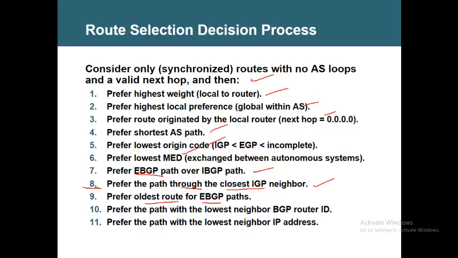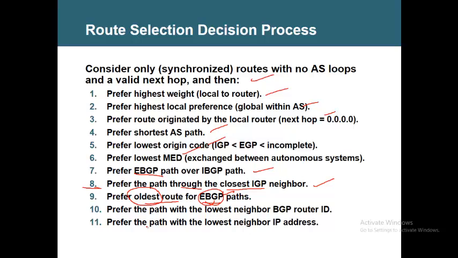It means that both are not IBGP, which means both are EBGP. If both the neighbors are EBGP, it prefers the EBGP which advertised the route first. Not forming the neighbor first, advertising the route first. Who gave the route first is the best neighbor. Next.